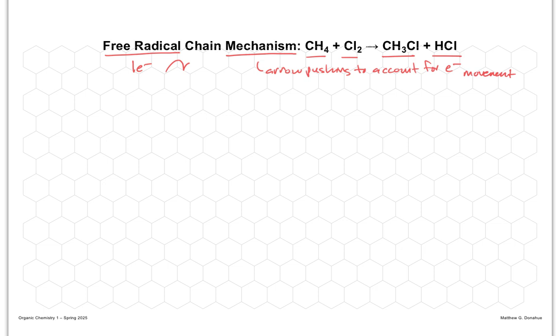So there are 3 different steps that are unique. I'll write step. The first step is called initiation. And what happens here is the chlorine-chlorine bond is the weakest.